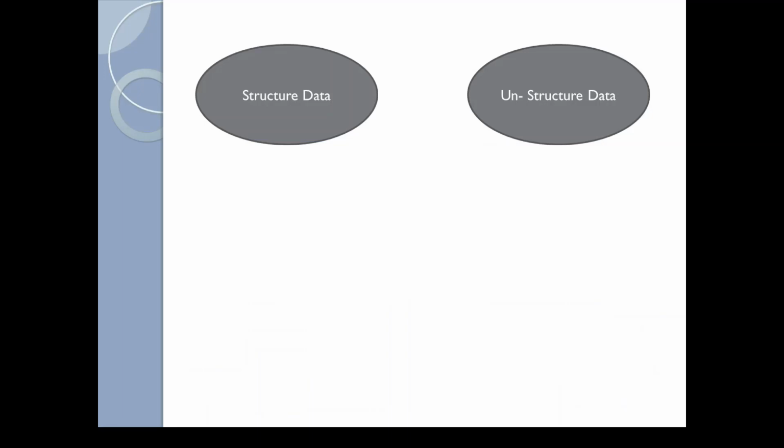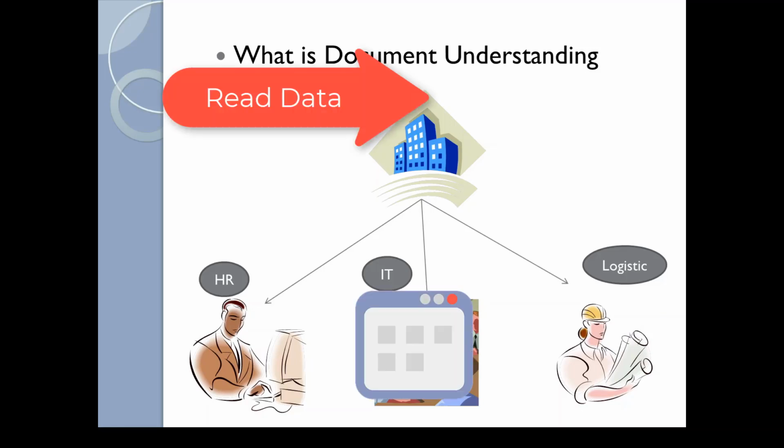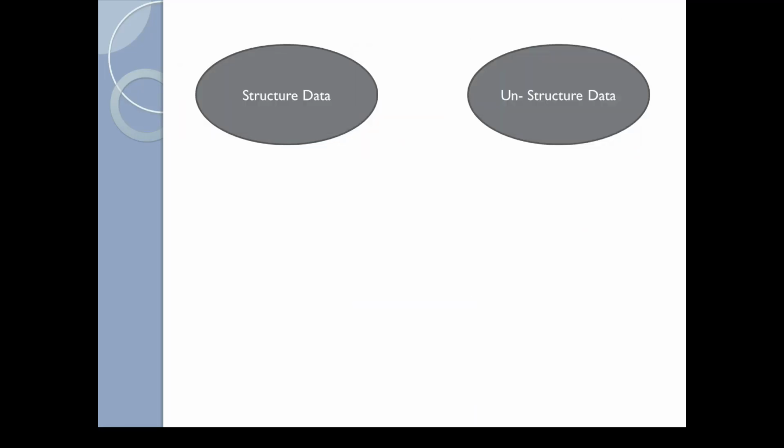And what the employees actually do is read the document and fill the details into some portals or software. Every time they read some data, that data may be structured or unstructured, and we will learn about structured and unstructured documents further.